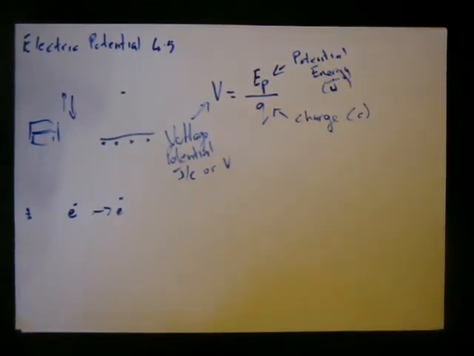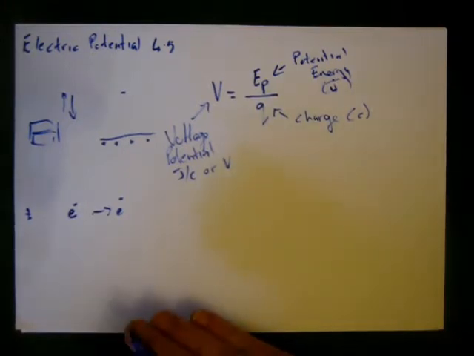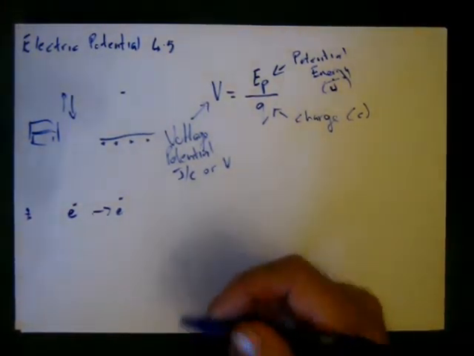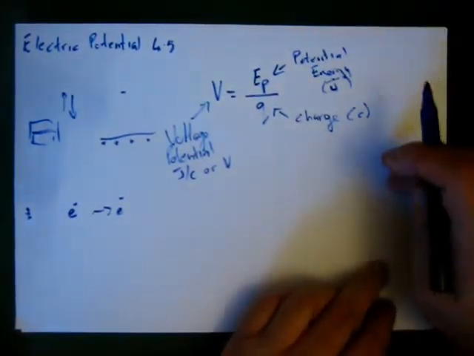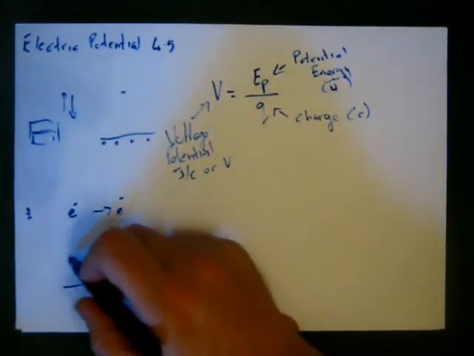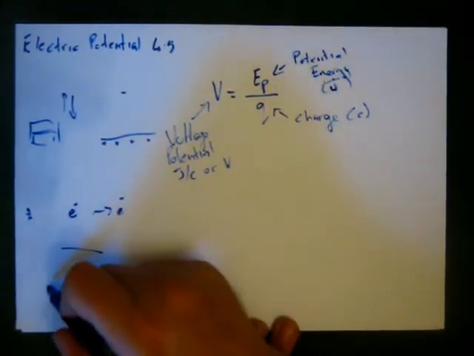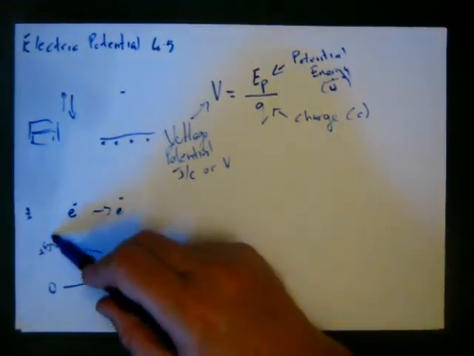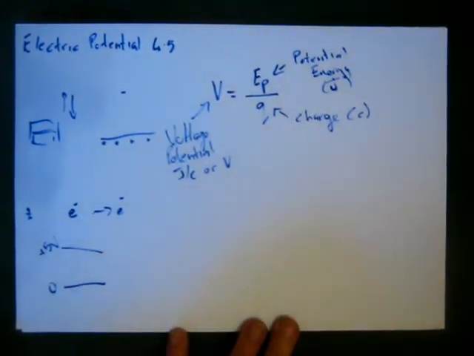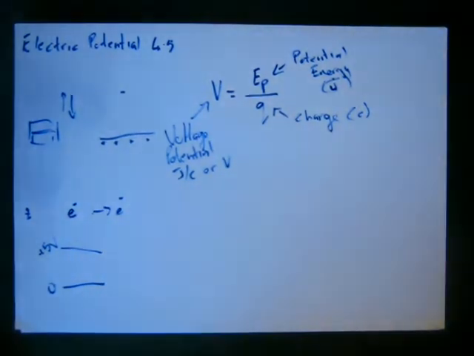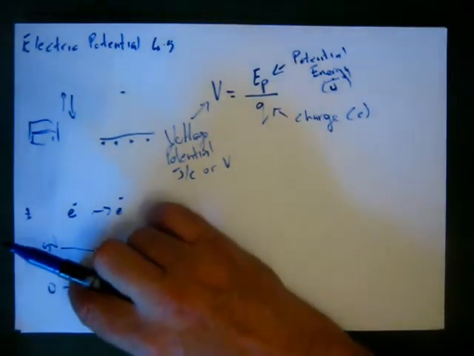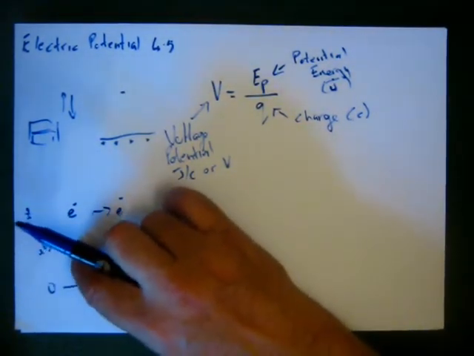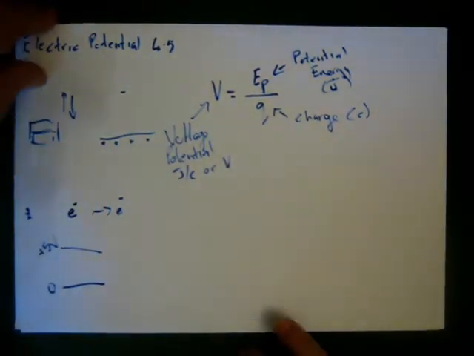Now, the big thing to remember is often, if you have two charged plates, there'll often be a difference. So let's say if we have two charged plates, this might be 0, this might be plus 5. That plus 5 volts is basically how much potential energy is gained by a charge as you go from one plate to the other, or how much is lost.